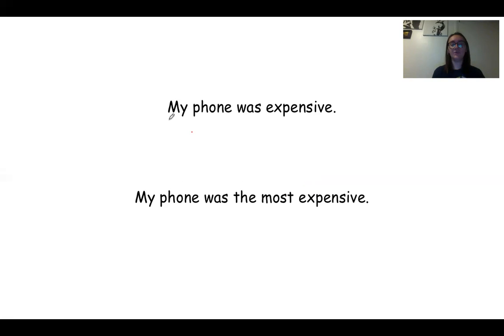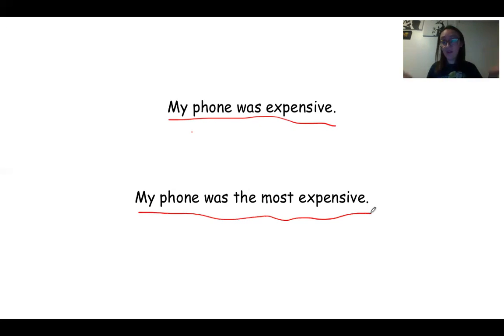So my phone was expensive. When you say my phone was expensive, you're saying, oh, I paid a lot of money. It cost a lot of money for me to buy my phone. But if you said my phone was the most expensive, you're comparing it to the other phones that were there.